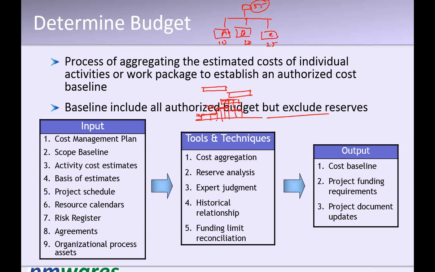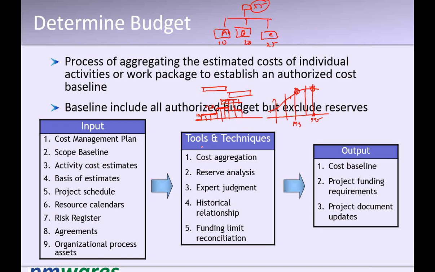If I do a cumulative cost, it comes like this. So month on month, this is how I am going to spend. By the end of the third month, I will spend this much. By the end of the fifth month, I will spend this much.